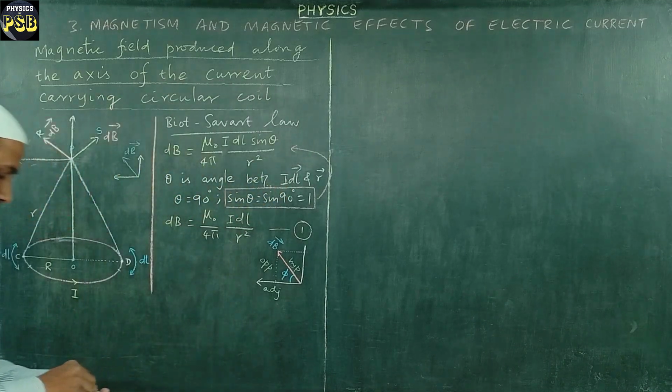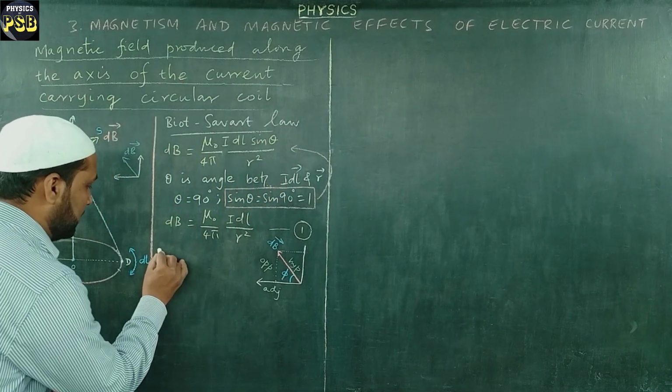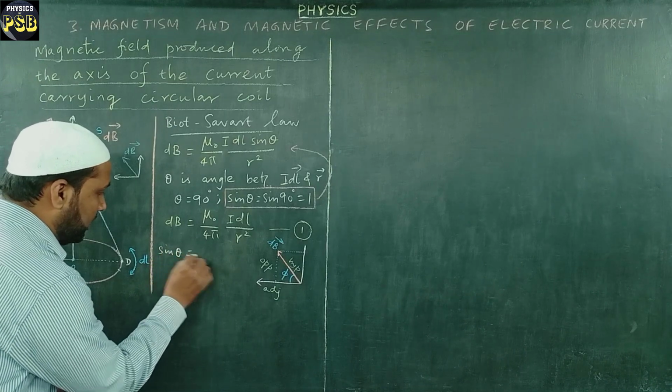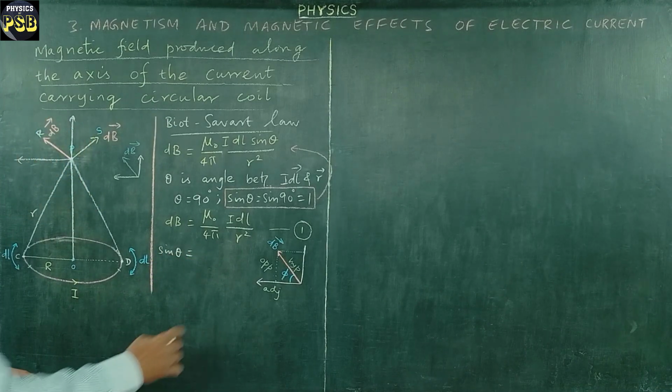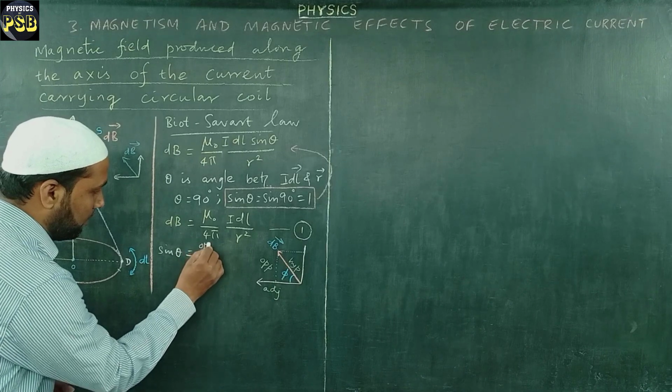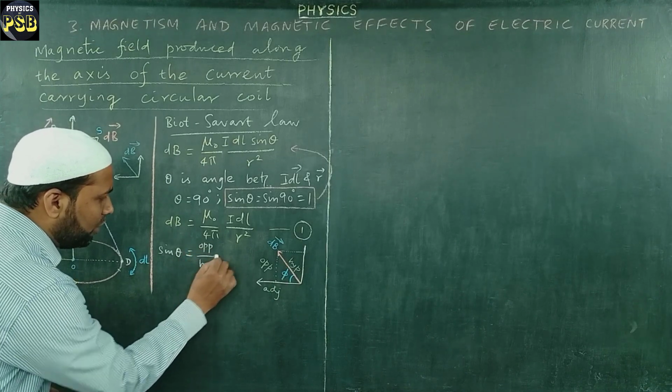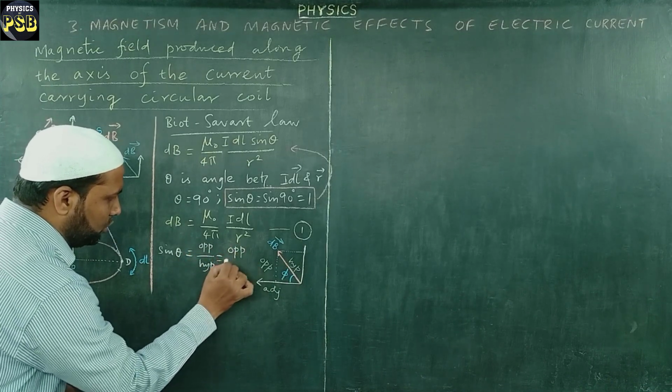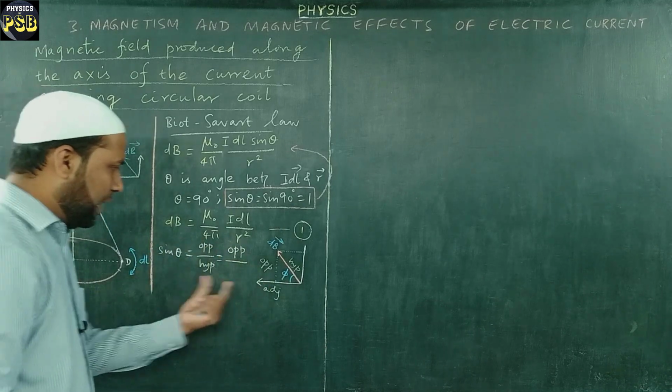I take sine of theta to get the vertical component. Sine of theta is opposite side divided by hypotenuse. We don't know the value of the opposite side. This is what I am going to find out. So I keep it as such, and hypotenuse is dB.